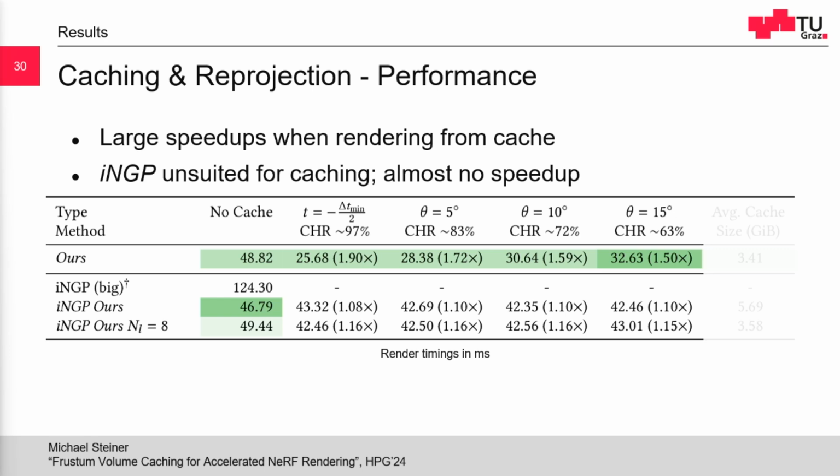Looking at cache performance, we achieve large speedups when rendering from our cache, but as the cache hit rate degrades for larger viewpoint changes, our speedups decrease with it. Instant NGP, on the other hand, the base model, is unsuited for caching and achieves almost no speedup as the head network is simply too expensive to evaluate.